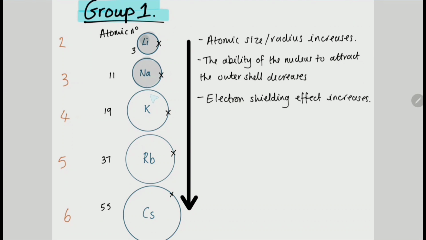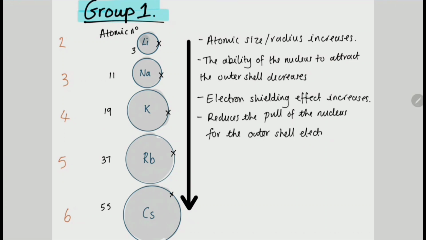Potassium will have 18 electrons, and those electrons are shielding the pull of the nucleus. Rubidium will have 36 electrons shielding the electrostatic force of attraction of the nucleus, and cesium will have 54.